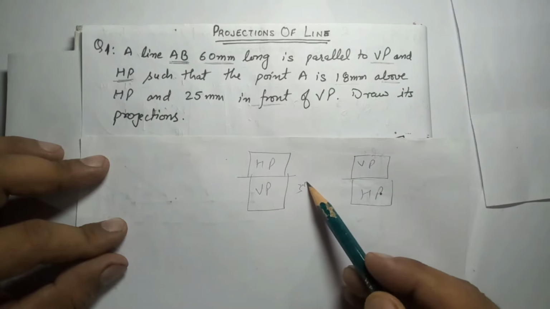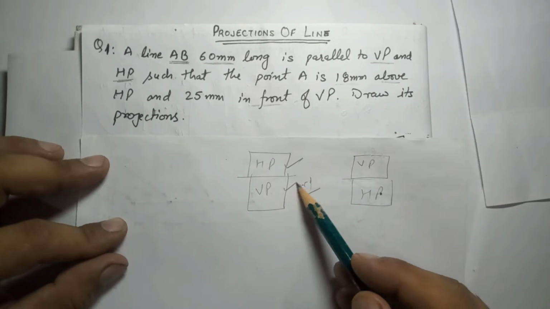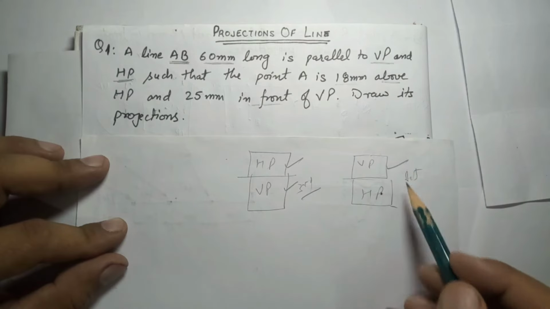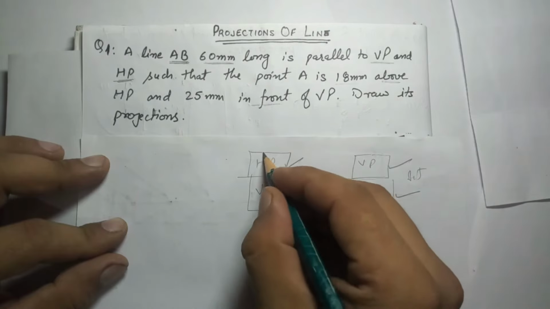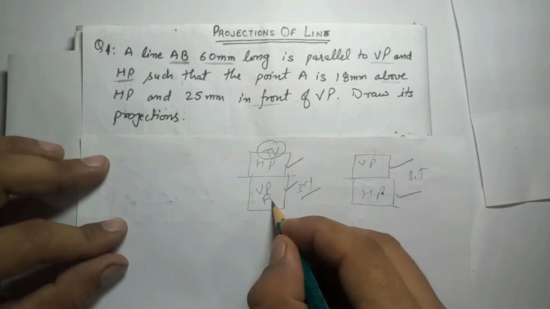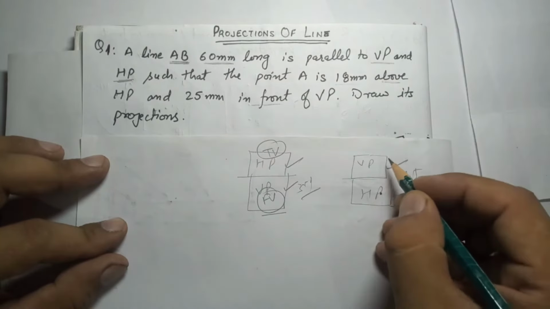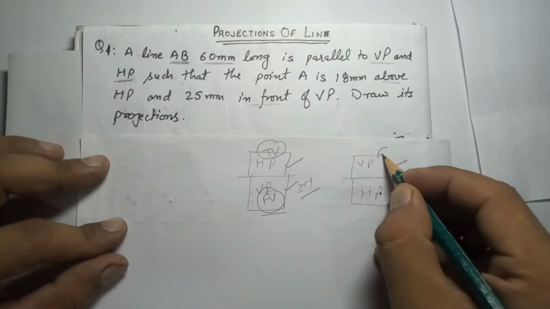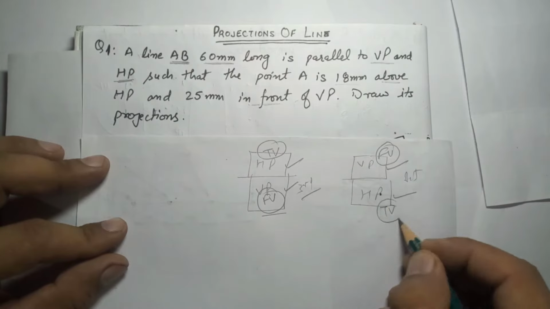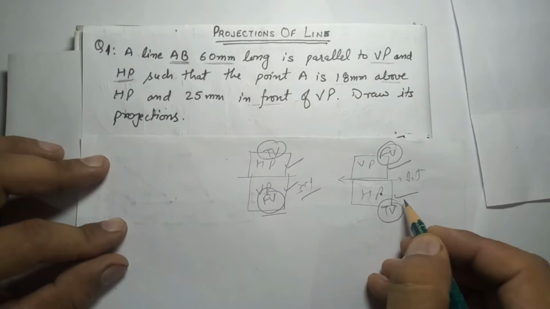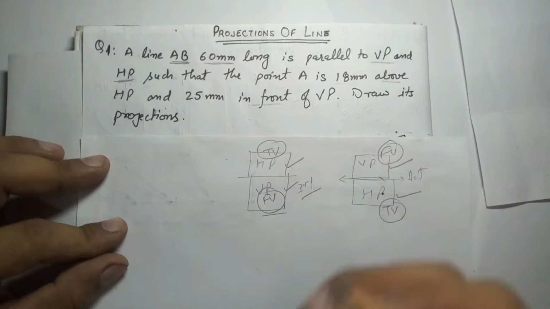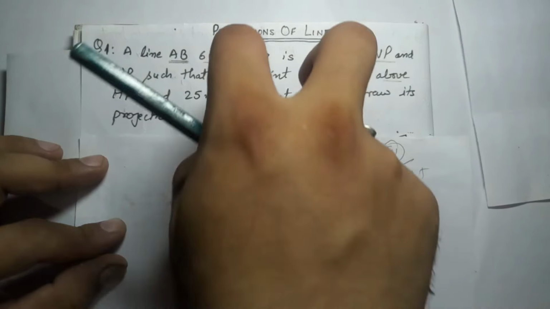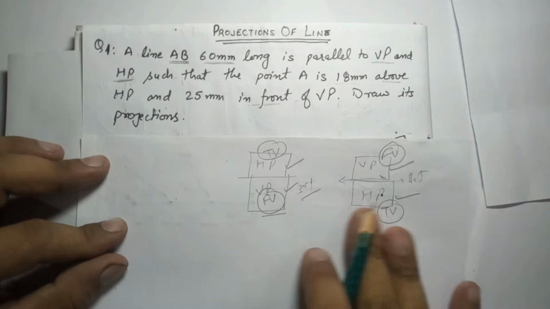In the third quadrant, HP is above and VP is below, and in the first quadrant, VP is above and HP is below. Same with the views: in the first quadrant, the front view is above and the top view is below the XY line, and in the third quadrant, the top view is above and the front view is below. So if the question comes for the third quadrant, you can draw the same views but in reverse order. Whatever diagram you make below XY, you have to draw above XY, otherwise it is the same thing.